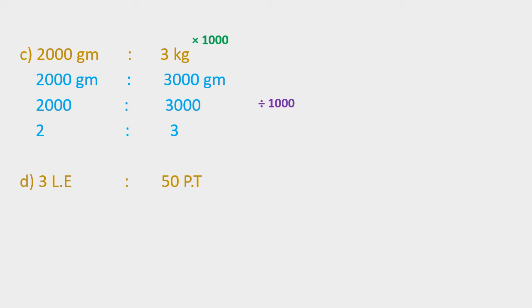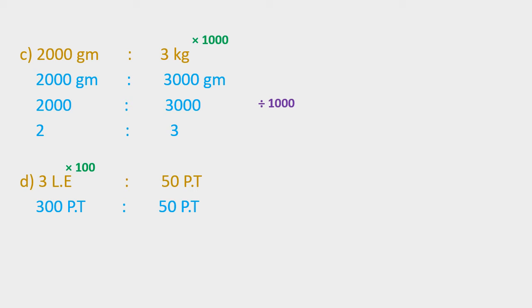Another example: 3 pounds 250 piasters. We say that it's better to convert the greater unit to the smaller unit. Where is the greater unit? It's the pounds. To convert from pounds to piasters, we multiply 3 by 100. 3 times 100 equals 300, to 50 piasters.